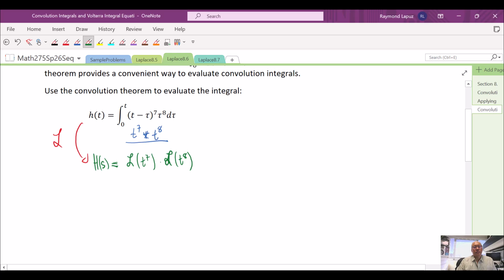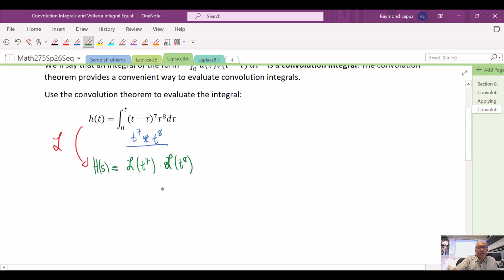All right, what does that equal? That equals, let's see, I think it's 7 factorial divided by s to the 8th power times 8 factorial divided by s to the 9th power. Well, I don't know what else we can do here.